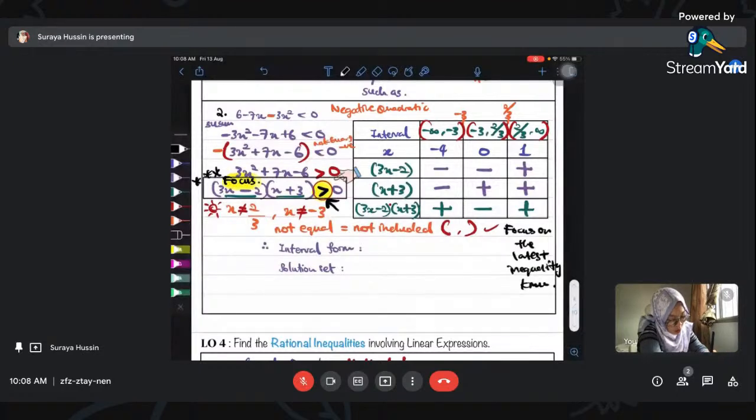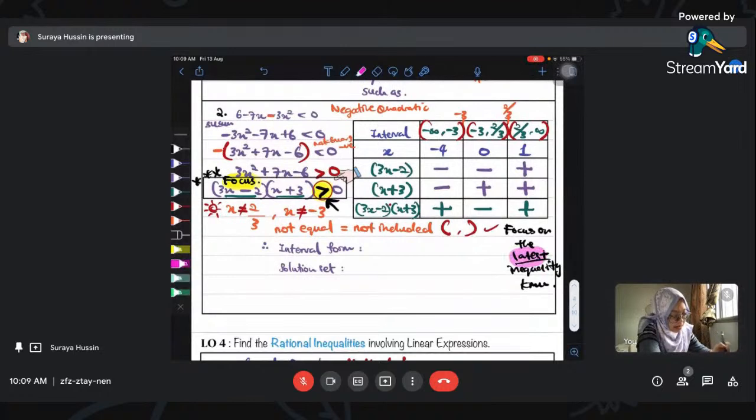So the latest here show that more than. The latest. Kenapa saya kata the latest? Because pada asalnya dia adalah less than. Kalau kamu buat less than daripada atas sampai bawah, you akan salah pilih sign tau. You akan salah pilih jawapan. You akan salah pilih interval. So now, sebab tu saya kata latest.